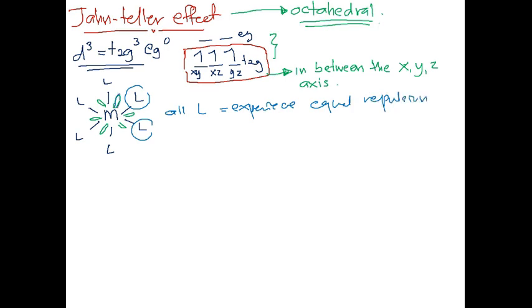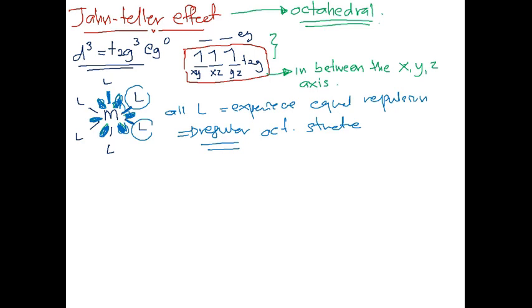Sebab dia ada electrons in between ni. Setiap ni ada repulsion yang sama. So you will get a regular octahedral structure, maksudnya the bond lengths will be the same, the angles also the same. Sebab the repulsions sekata. Sebab semua ada elektron, so semua akan repulse sekata. So you will get a regular octahedral structure.